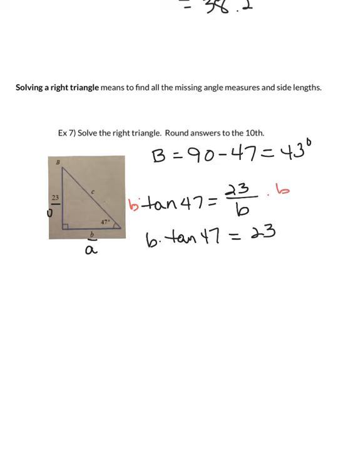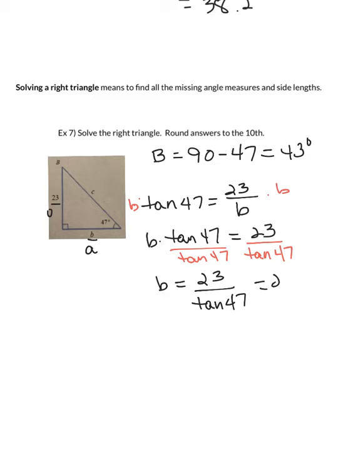Now to get B by itself, we're going to divide both sides by the tangent of 47. So side B has to equal 23 divided by the tangent of 47. Do that on your calculator and round to the tenth, and you should get 21.4.